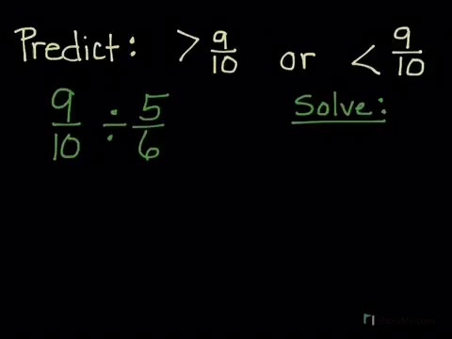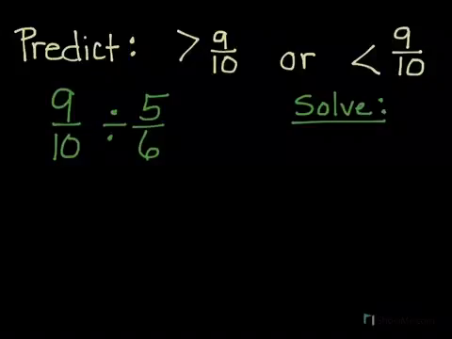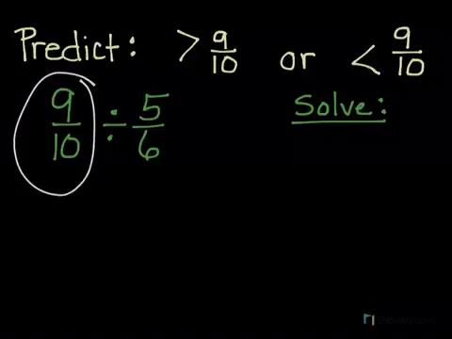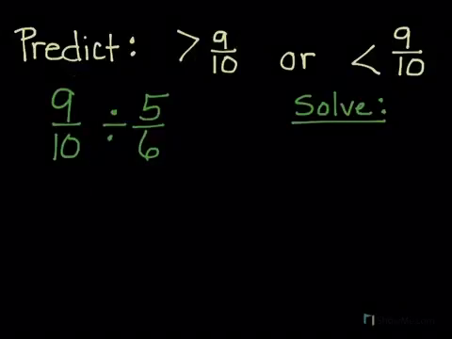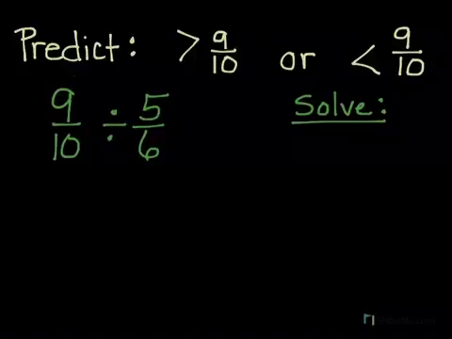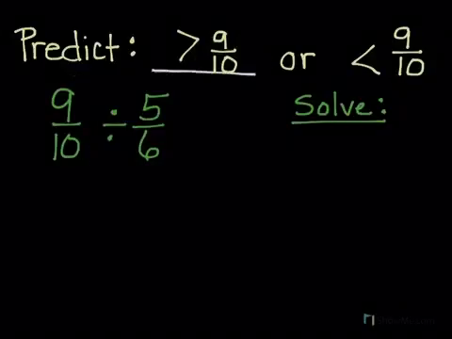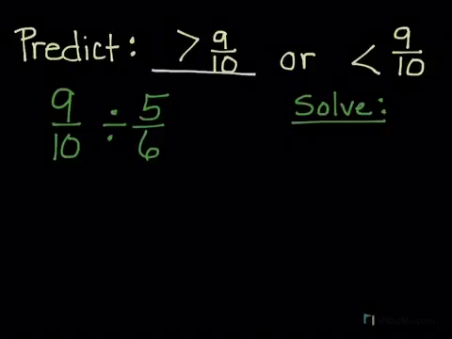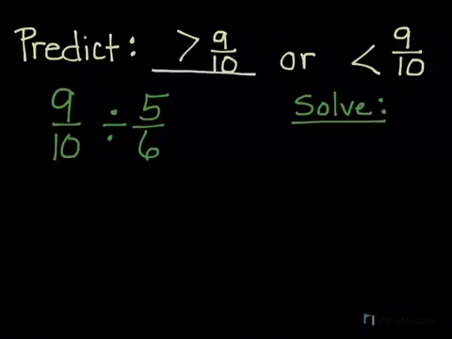So, if we're dividing, then I'm looking for a bigger answer. So, because I have 9/10 here and 9/10 here, I'm predicting that my answer would be bigger than 9/10. So I'm going to solve and see if I'm right or wrong.